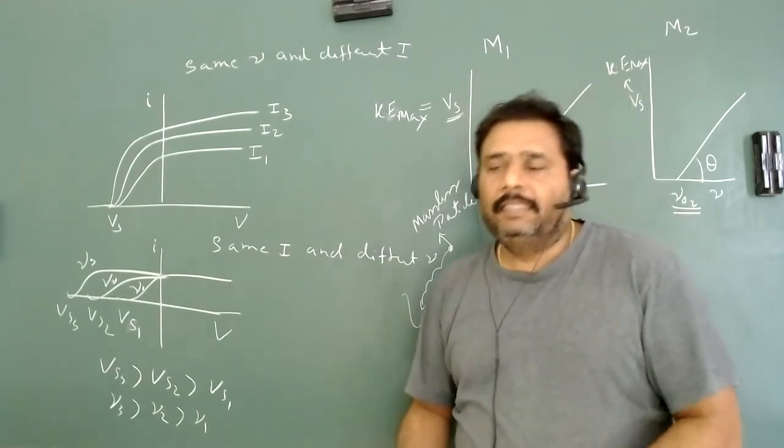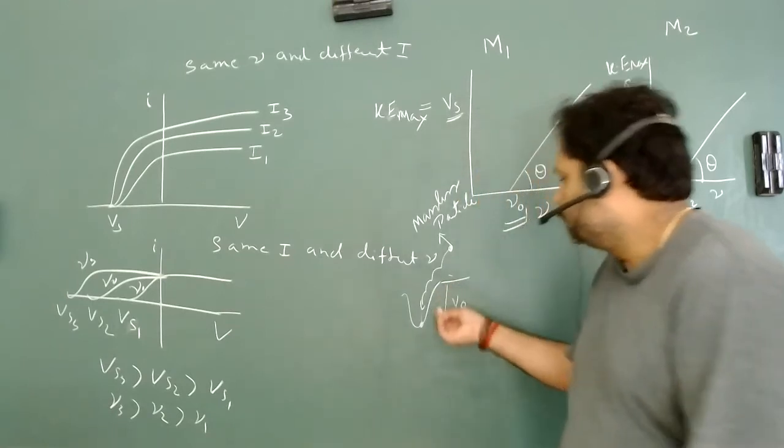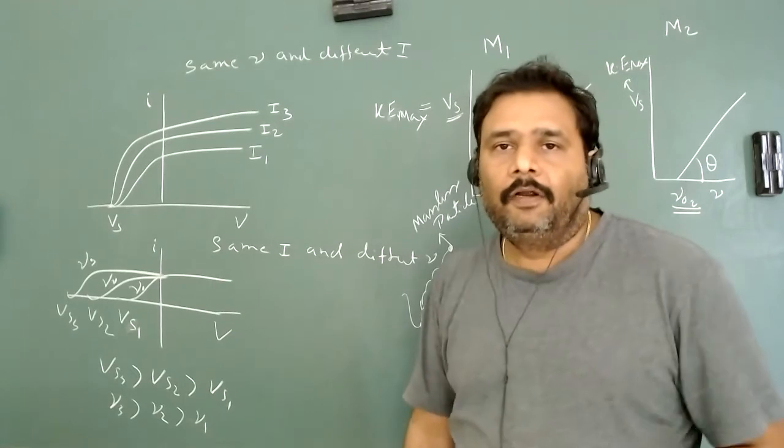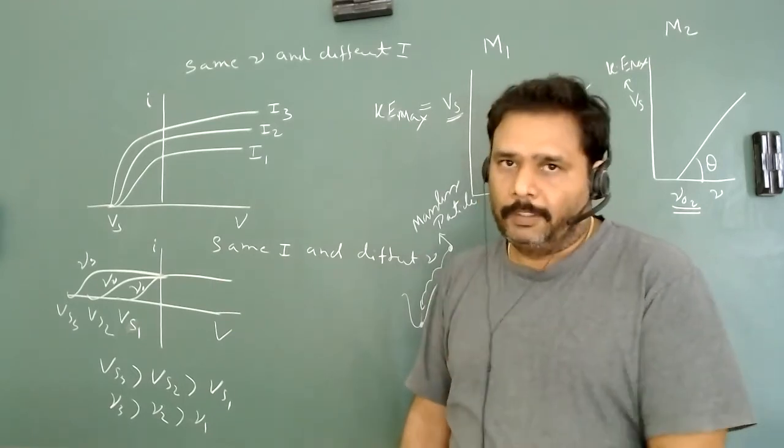And Einstein said that this particular potential, the minimum potential for which current can be found, is known as the threshold potential.